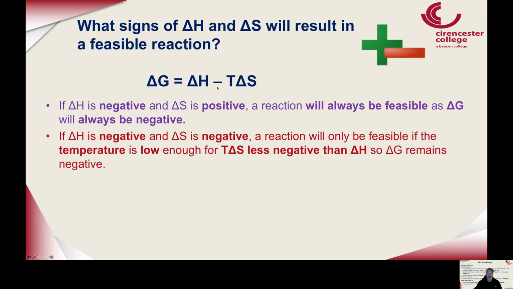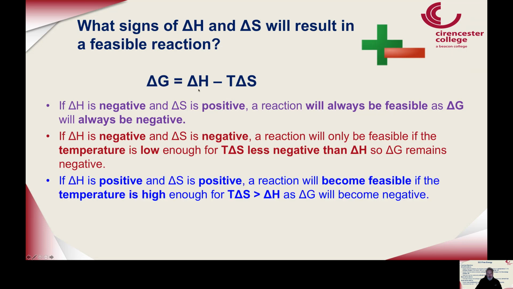So temperature has to be kept low. It's exothermic, but the entropy is negative, so entropy suggests it shouldn't happen. If the temperature is low enough, then the whole thing will still be negative overall.